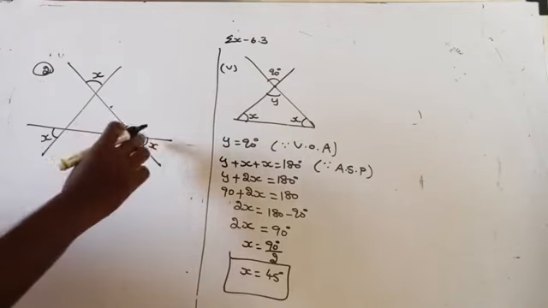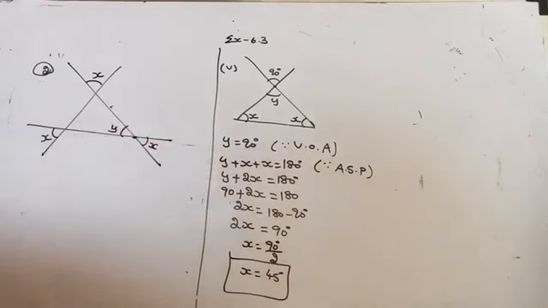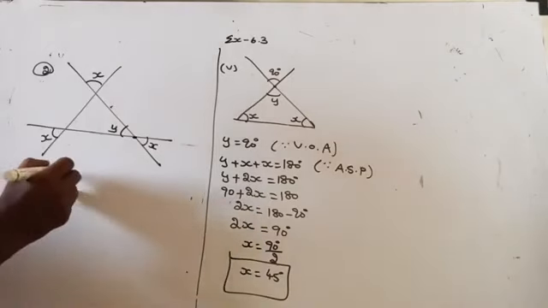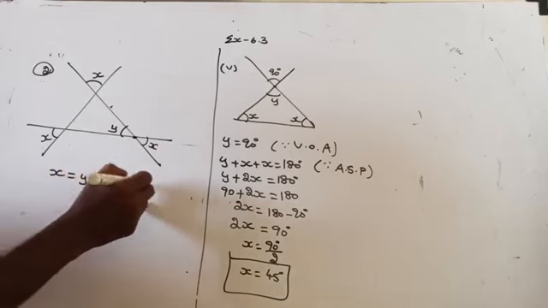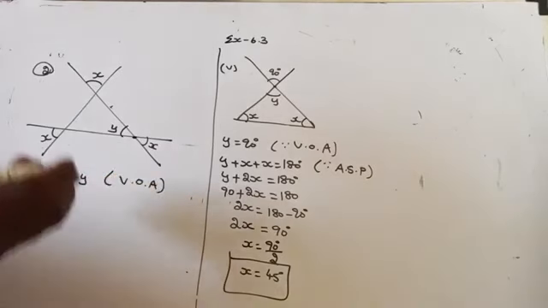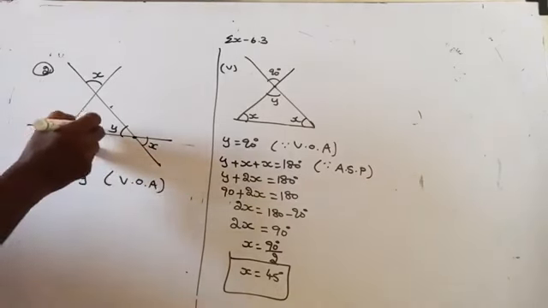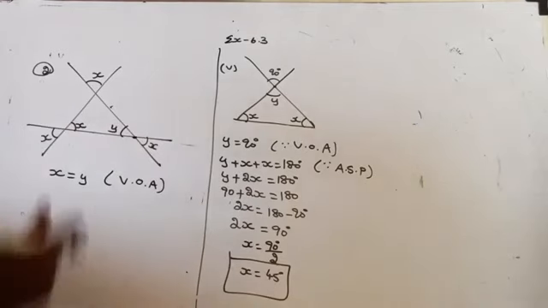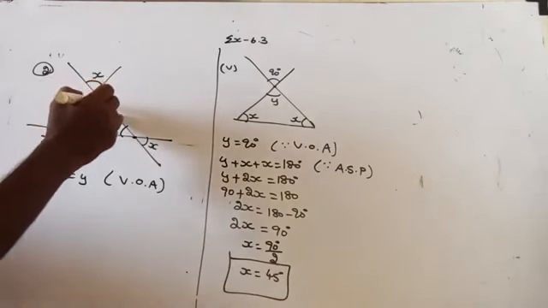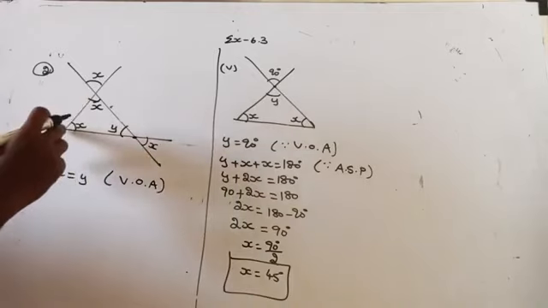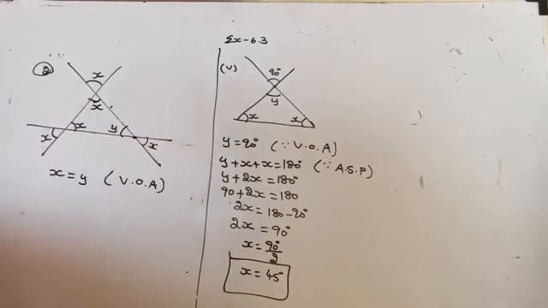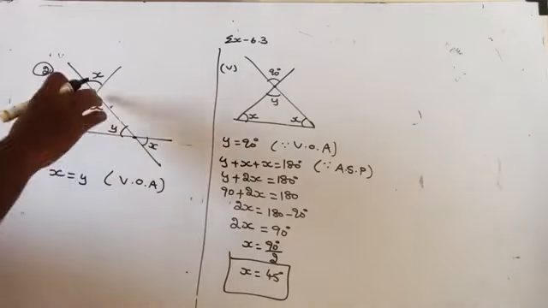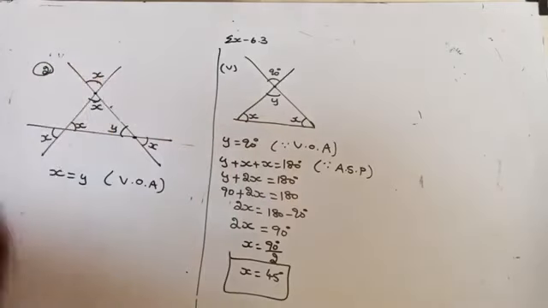These two lines intersect at a point. Therefore, vertically opposite angles are equal. Therefore, x is equal to y, you can say. If it is x, it is also x. Am I right? Because these two lines intersect at a point, therefore vertically opposite angles are equal.